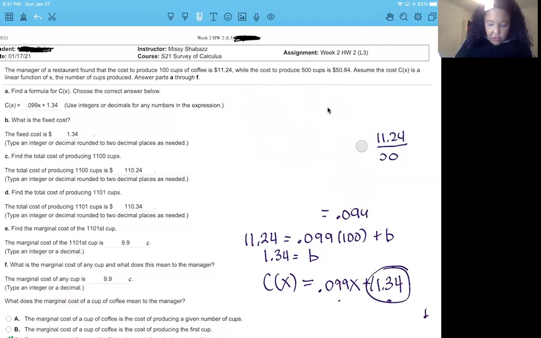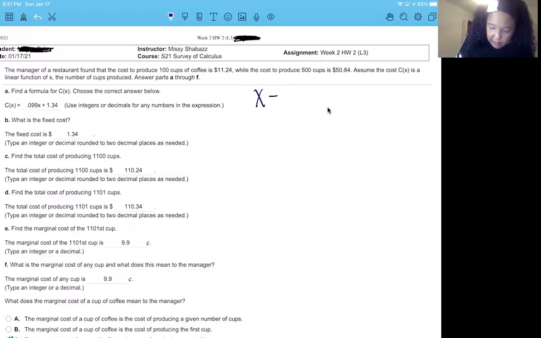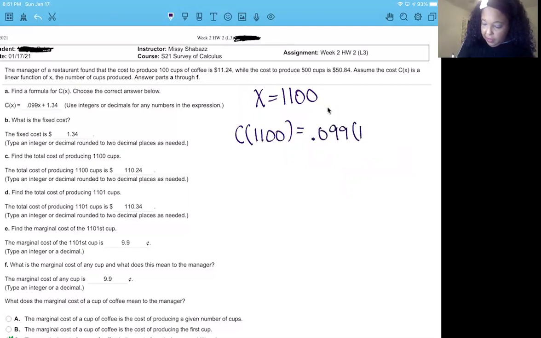Part C, find the total cost of producing 1,100 cups. All right, so that's for x equal to 1,100. So C of 1,100 is 0.099 times 1,100 plus 1.34.